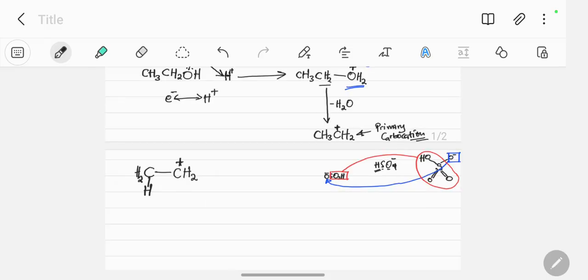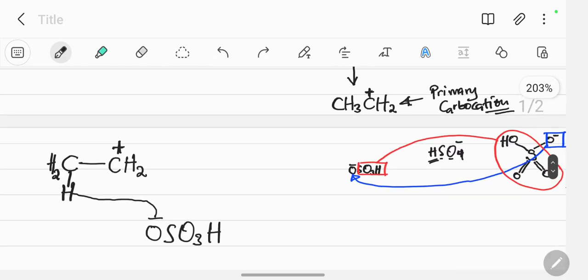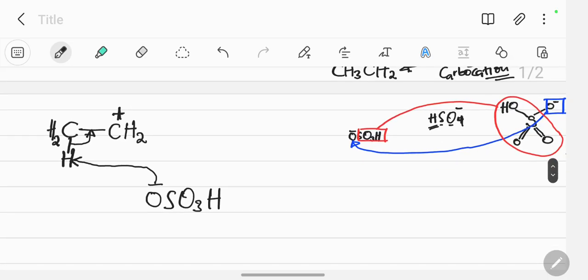Our mechanism has, so I've tried to explain where this negative is coming in from. Then those electrons on the oxygen are going to attack the hydrogen. Now as they attack the hydrogen, we're going to break that bond and give back the electrons to make a double bond there.